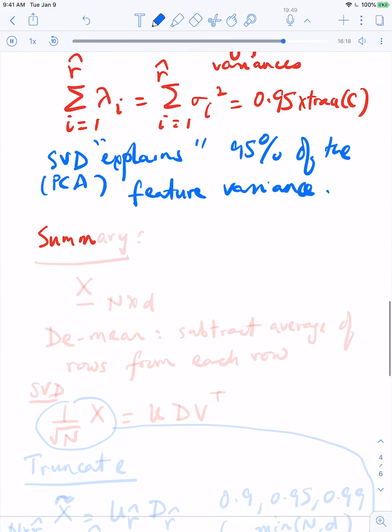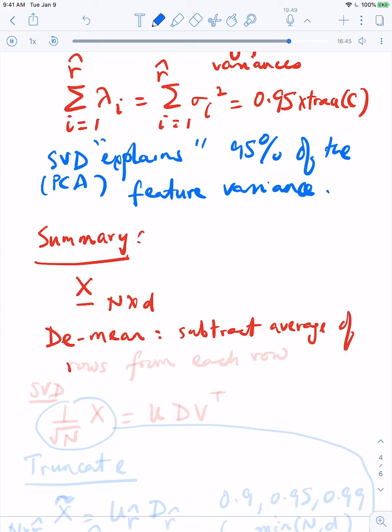Okay, so I've talked a lot to give some insight into the PCA procedure, but let me summarize what you might typically do. What is to be done to do the PCA. You're given a data matrix X, which is N cross D. So the examples are rows in the data matrix. You would typically de-mean first, which means subtract the average of the rows from each row.